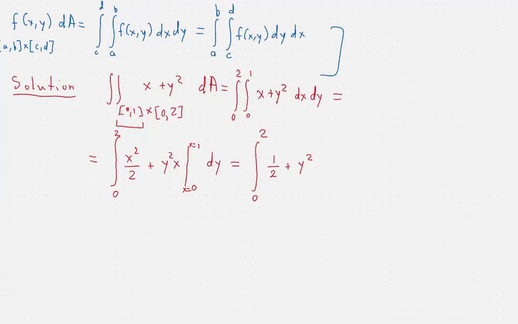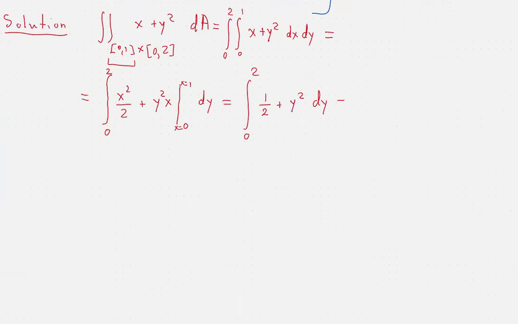And we now finally get an integral that we hand to our friend who takes Calc 1 or Calc 2, because it's an easy integral to compute. So this will give us 1/2 y plus y cubed over 3. And we want to go from 0 to 2.